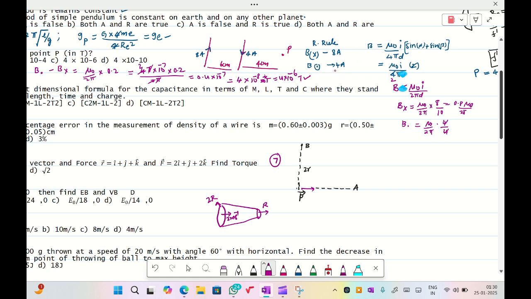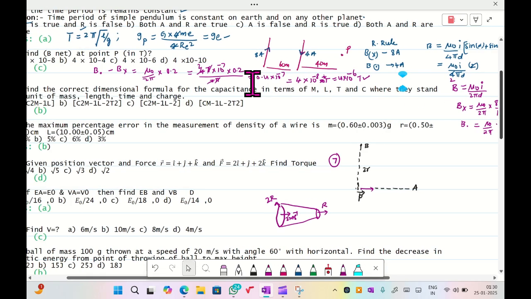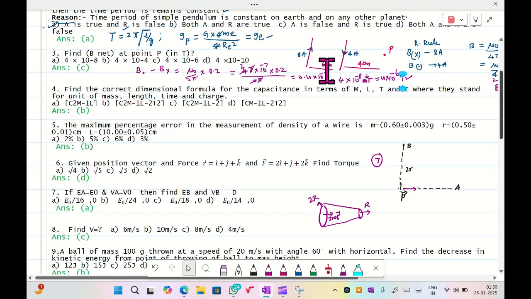So this is according to Biot-Savart law, the field at any point from the conductor is B equal to mu naught I by 4 pi d into sin alpha plus sin beta. The alpha and beta values depend on the point we will substitute. So here centimeters is given, convert into meters, 6 centimeters, 4 centimeters.